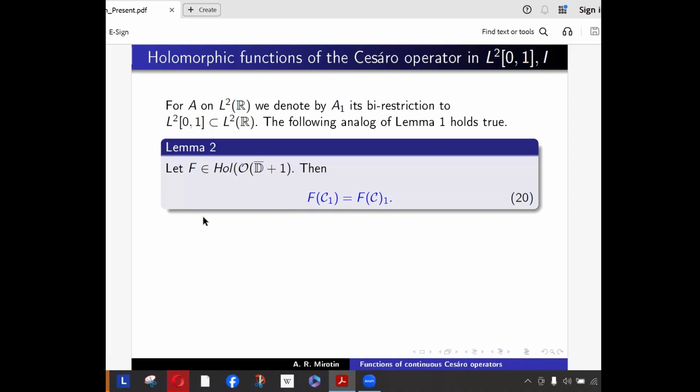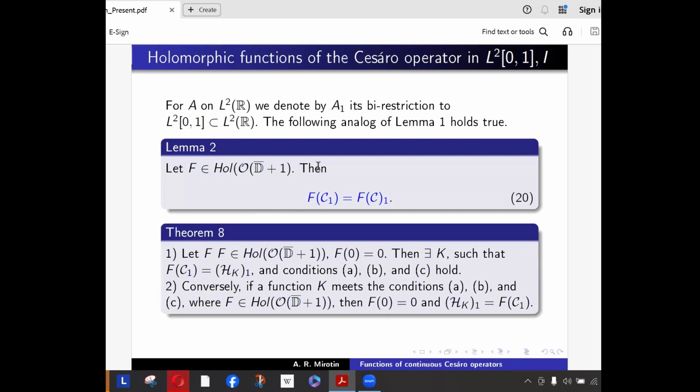And also these two operations, the B restriction and taking of holomorphic functions, commute as lemma 2 states. Of course, since these two operations commute, one can apply our theorem 1 and get the full description of the holomorphic functions of C1.